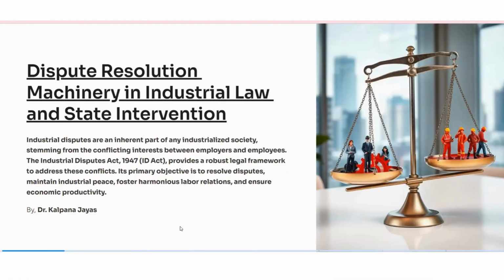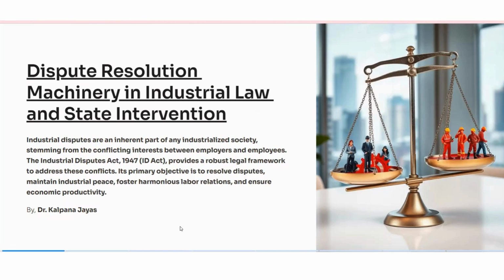In this lecture, we would be discussing dispute resolution machinery in industrial law and state intervention. Industrial disputes are an inherent part of any industrialized society, stemming from conflicting interests between employer and employees.